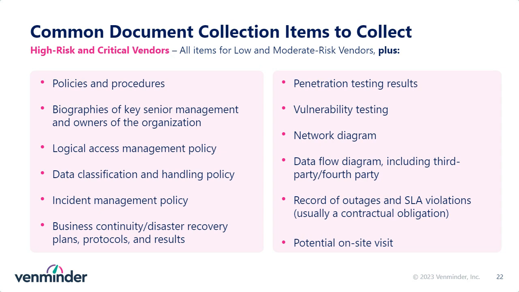Penetration and vulnerability testing results would also be good to review, along with data flow diagrams and any records that show outages and violations of service level agreements. And if possible, you may want to consider an on-site visit, which can reveal a lot more information about their daily operations and procedures.